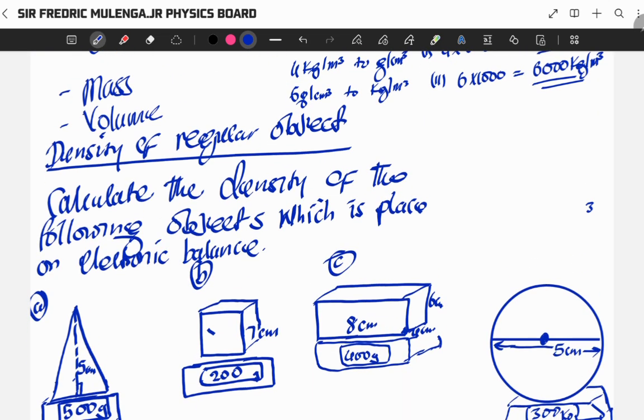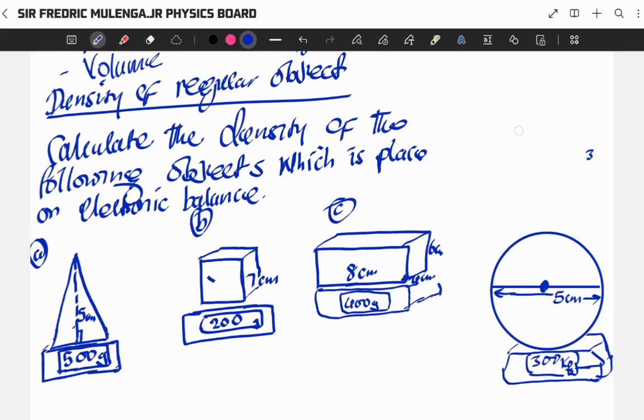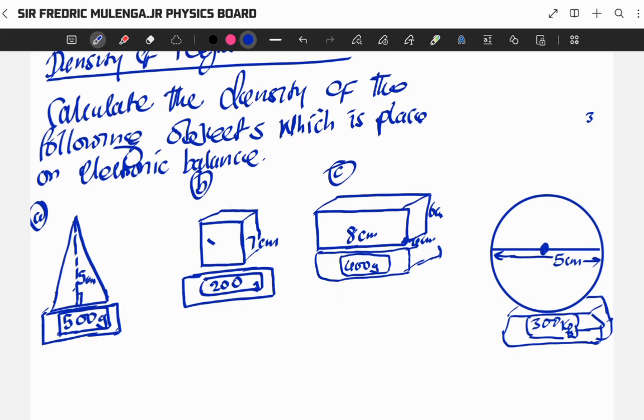We have a question here saying calculate the density of the following objects which are placed on the electronic balance. All their masses were determined using the electronic balance.